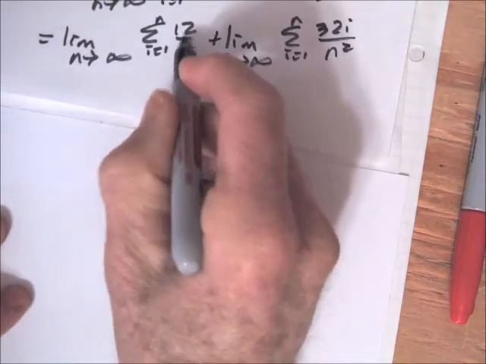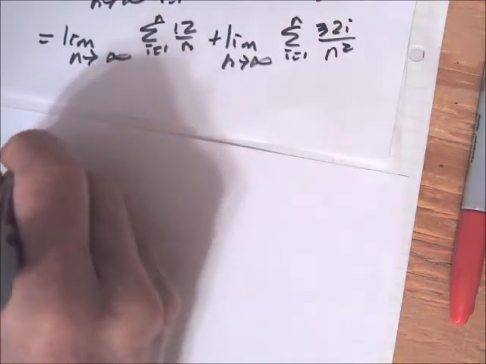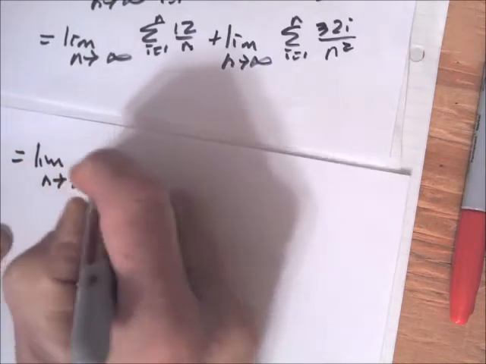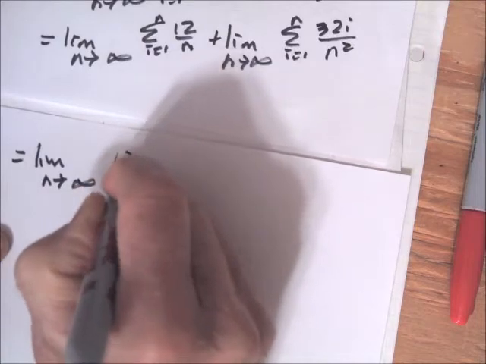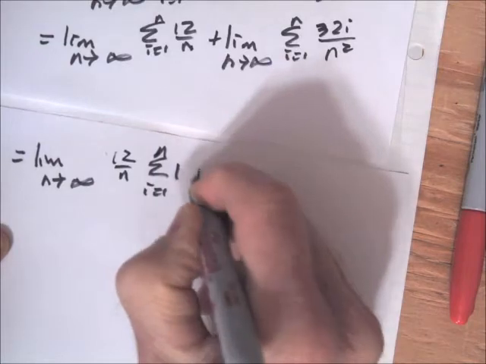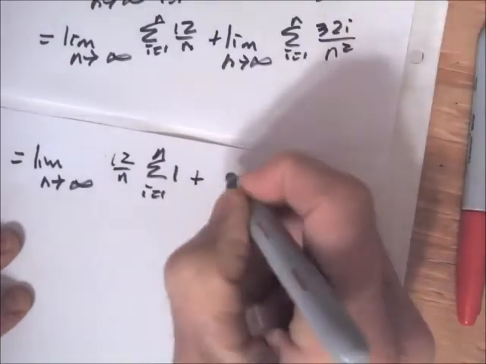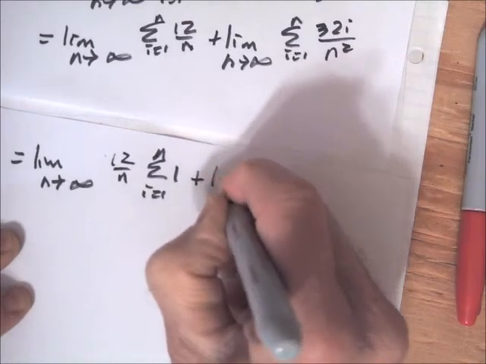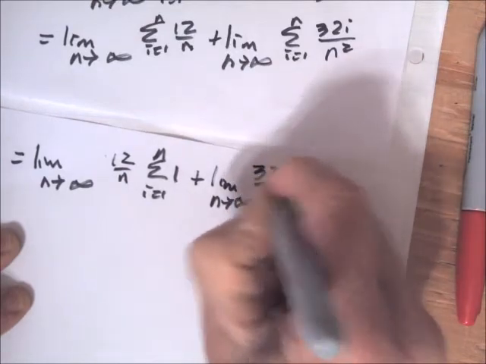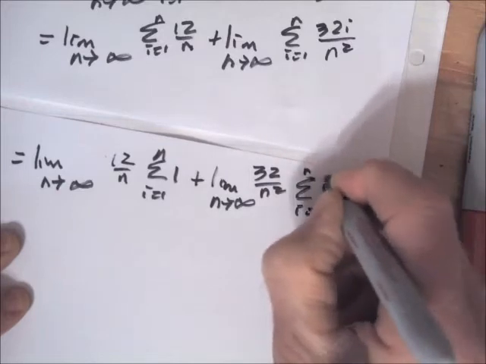There's no i in the first term, so we can take the 12 over n outside the summation sign. So this is going to be the limit as n goes to infinity of 12 over n times the summation i equals 1 to n of 1, plus, and we can take the 32 over n squared out of the summation sign, the limit as n goes to infinity of 32 over n squared times the summation i equals 1 to n of i.